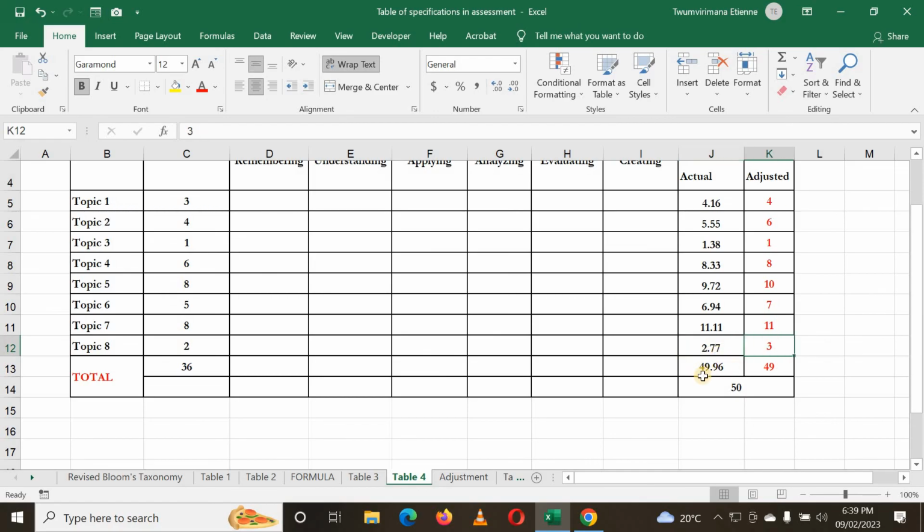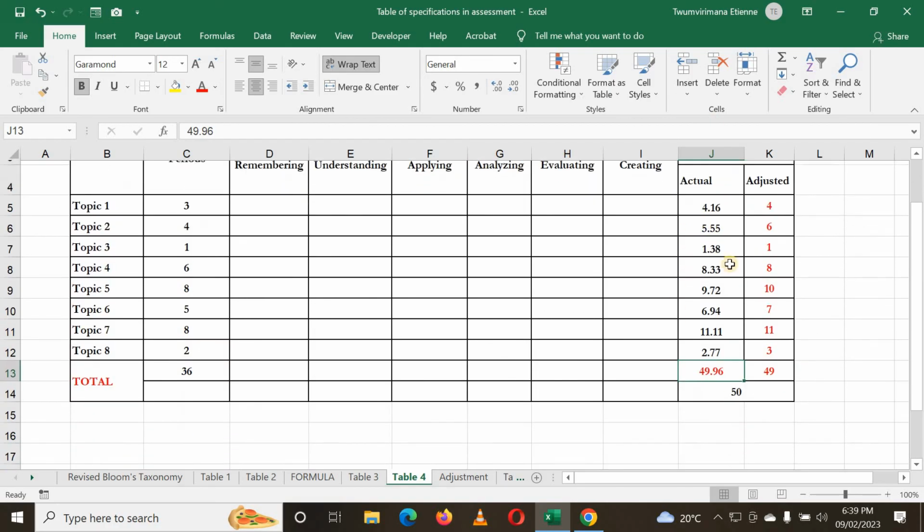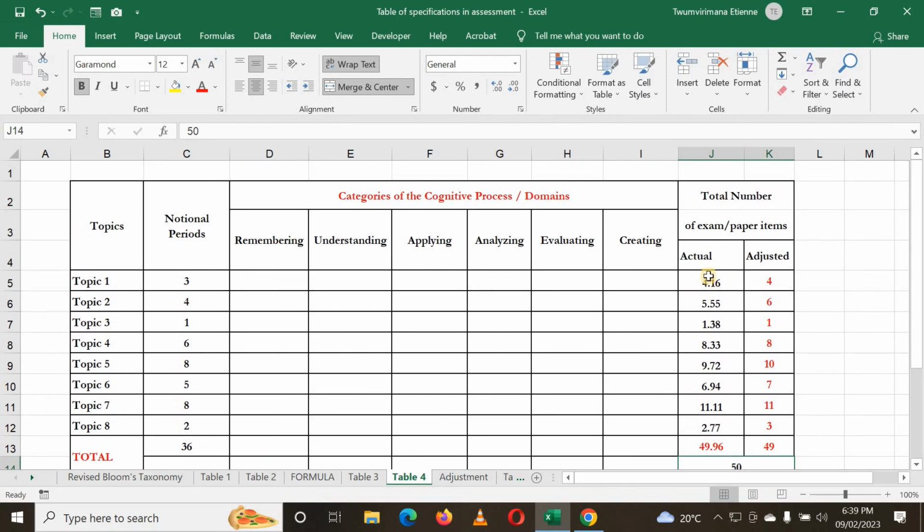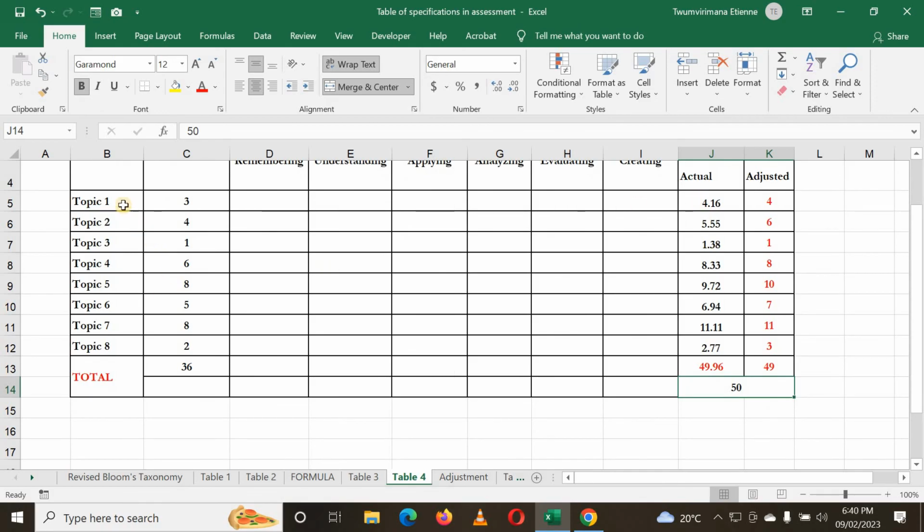And here you can see we have rounded everything. If you totalize, this is the total. The total of all those questions must not be greater than 50. Remember, these are the questions to be posed on each topic. On topic number 1, we found 4 questions.